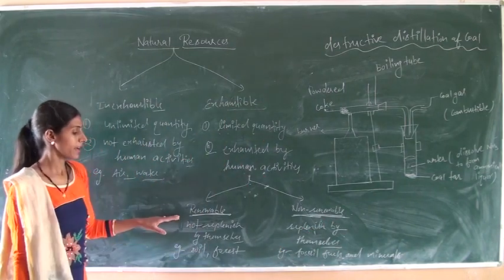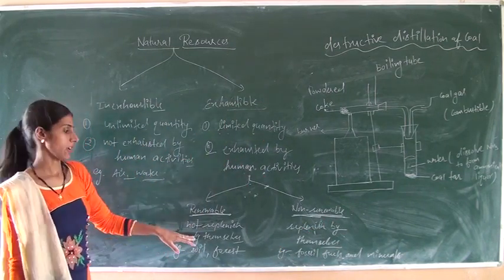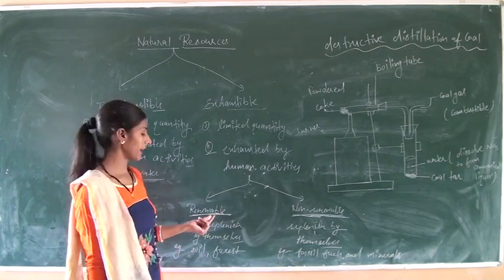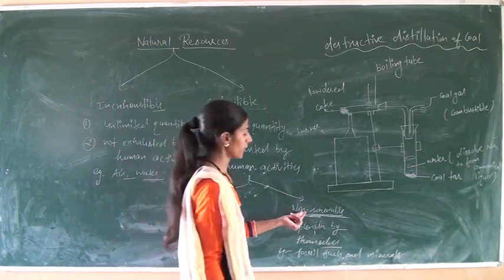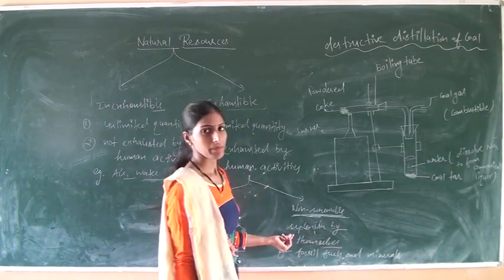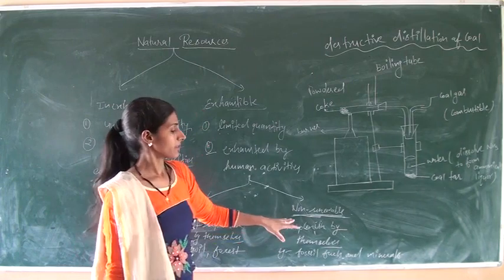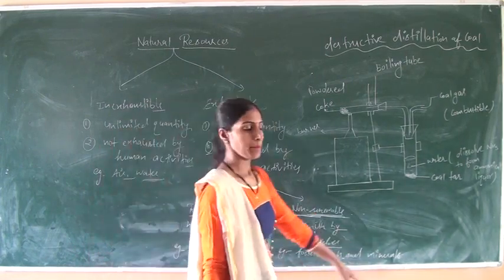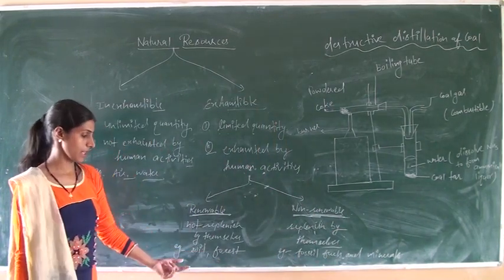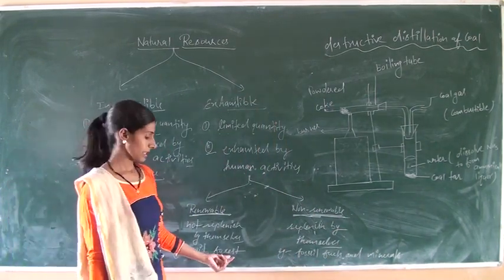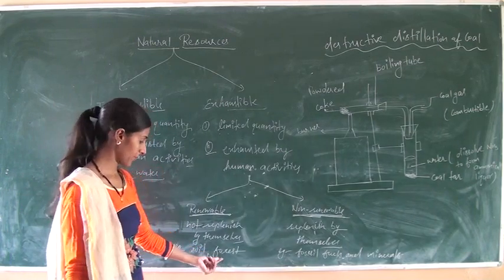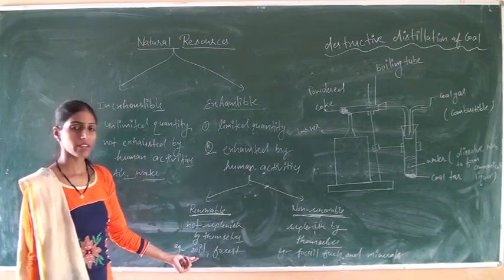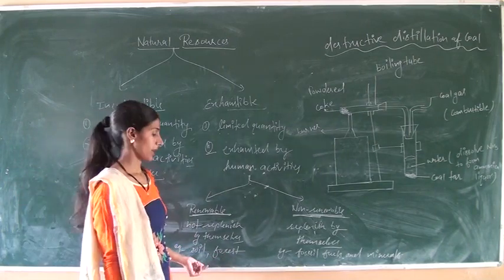Renewable means they cannot replenish by themselves, but we can make them again. Non-renewable, they replenish by themselves, for example, fossil fuels and minerals, but soil and forests are grown up by man. With the help of man, we can develop many forests and we can restore the fertility of the soil.